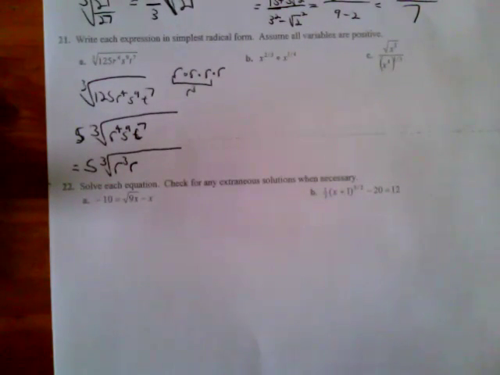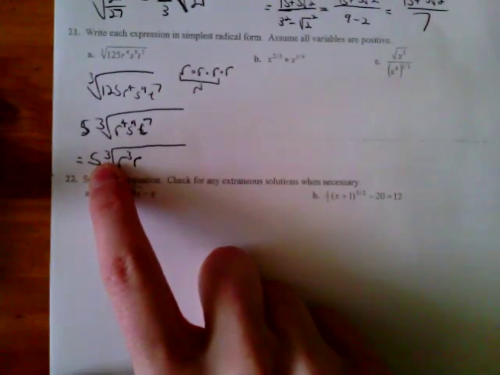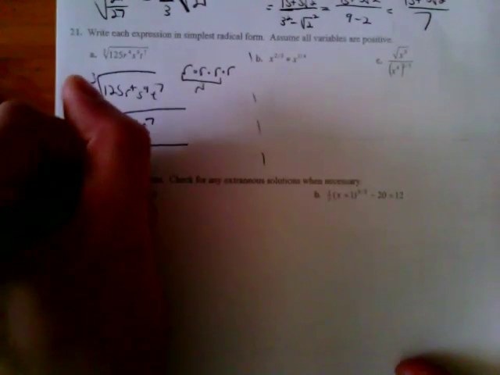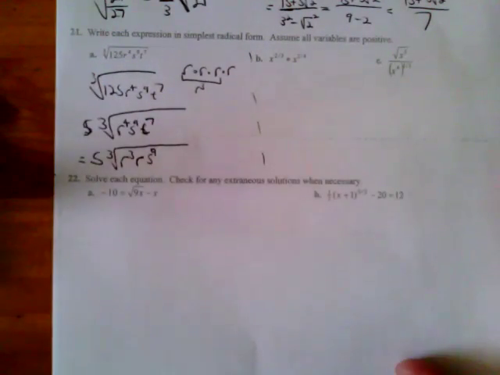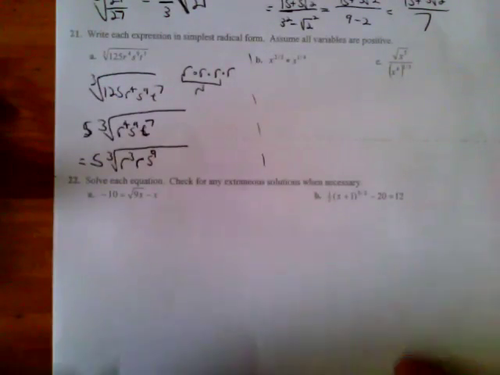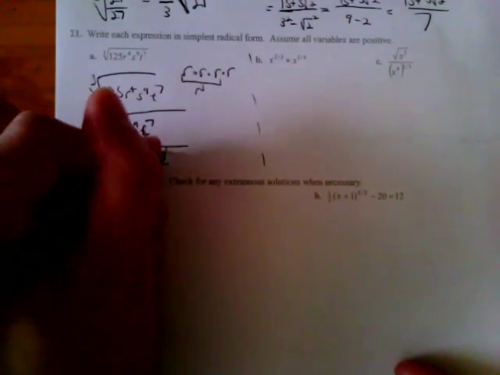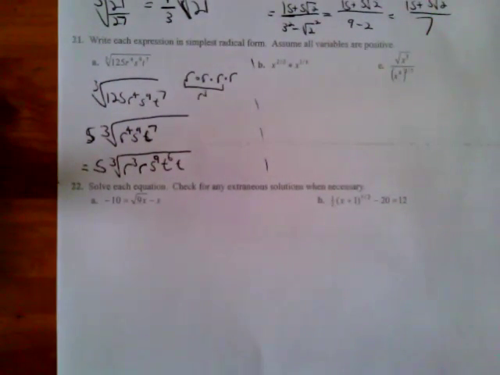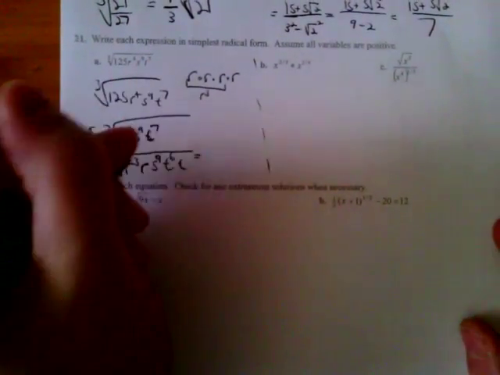So that's how you divvy it up, until you get a power that's divisible by the number out here, so you can bring it out as a rational number. The s to the ninth can come outside because 9 is divisible by 3, and t to the seventh can turn into t to the sixth times t to the first, which is just t. Since 6 is divisible by 3, that can come out.